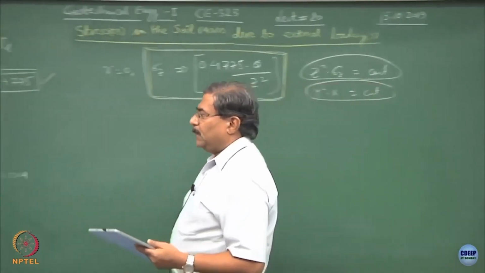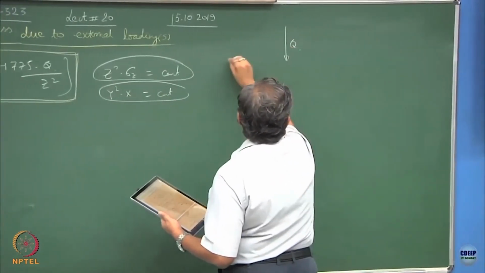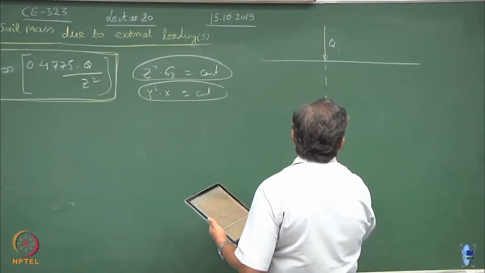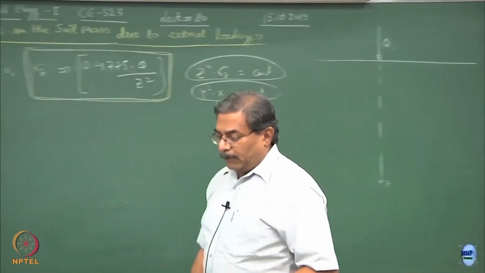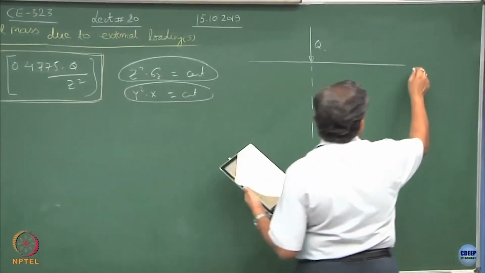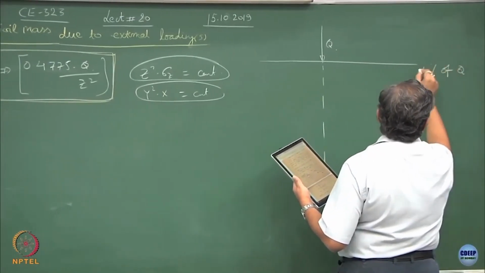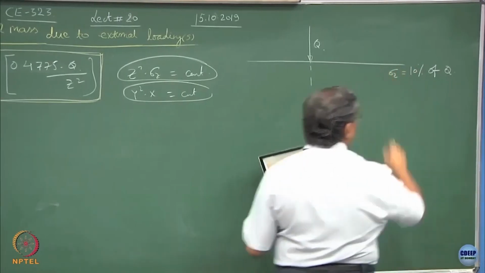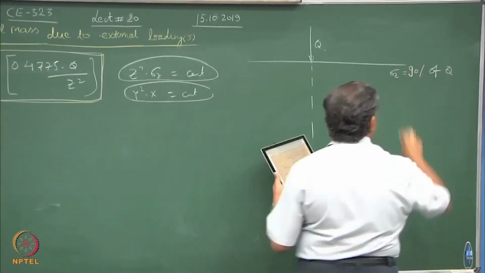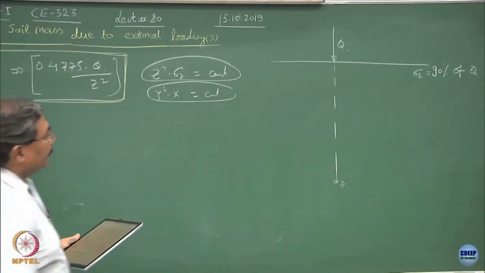That means, if I take, let us say, Q and this is the point and this is my z direction. If I plot, let us say, 90% of Q as sigma z, where this would be sitting?